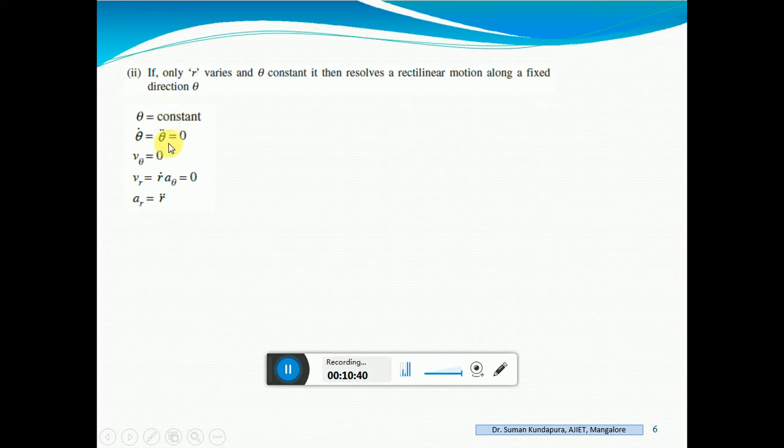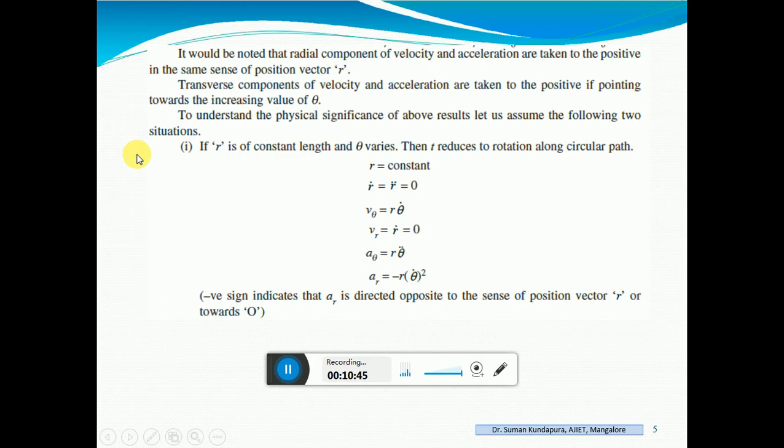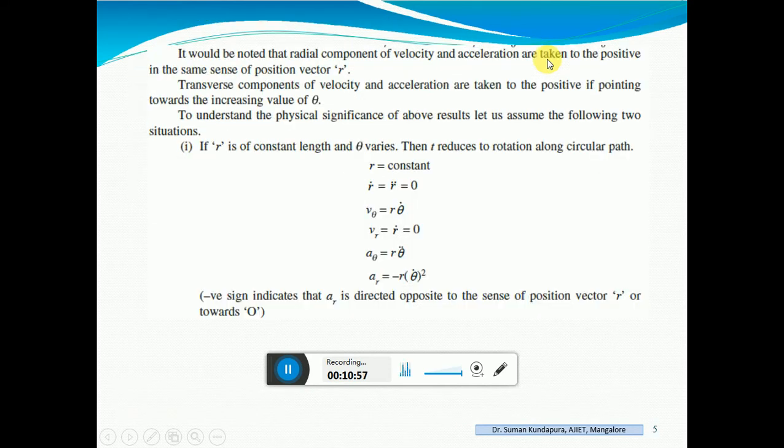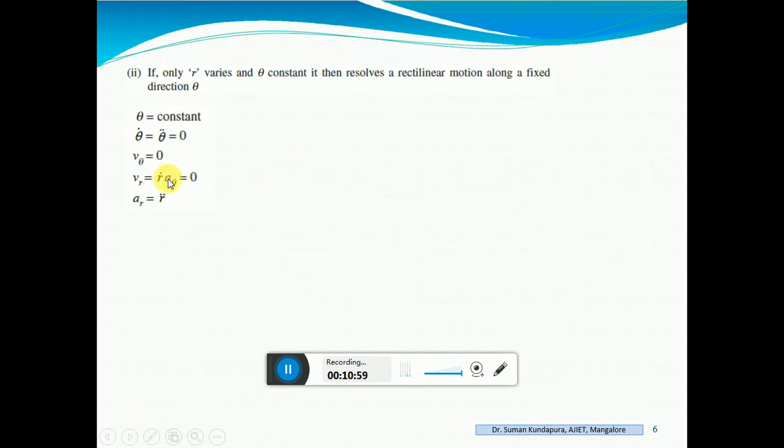So in the velocity component equations, theta dot is 0, so V theta is equal to 0 and Vr is equal to r dot. Vr is r dot, V theta is 0.